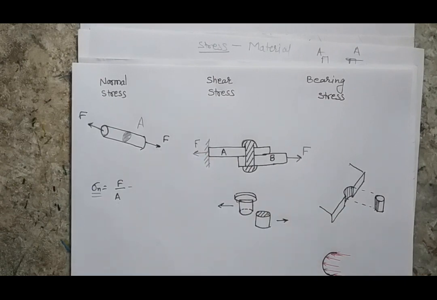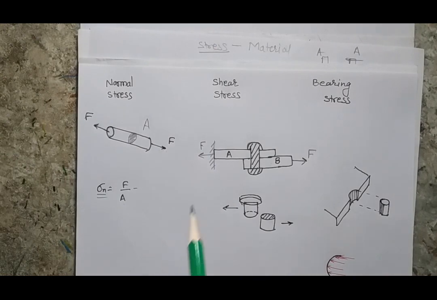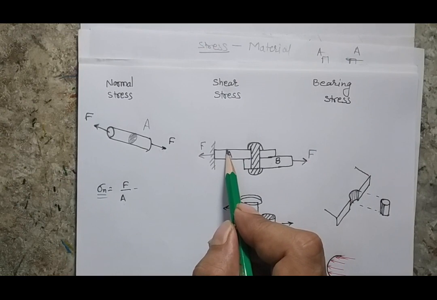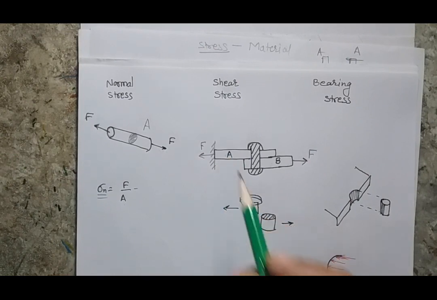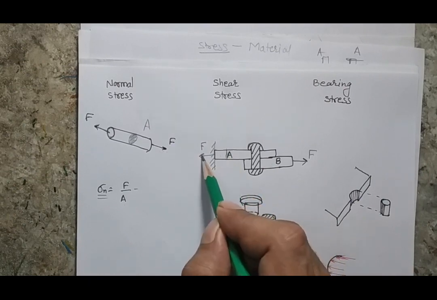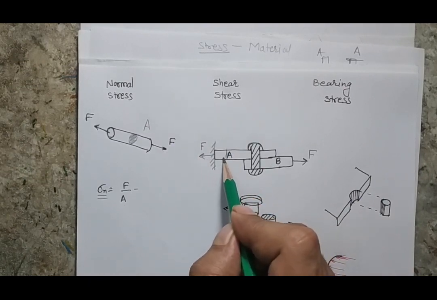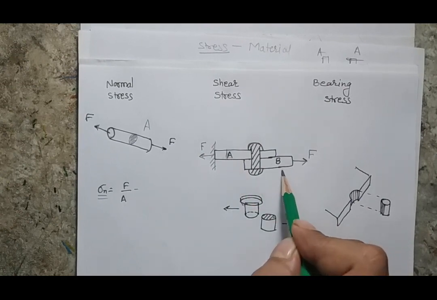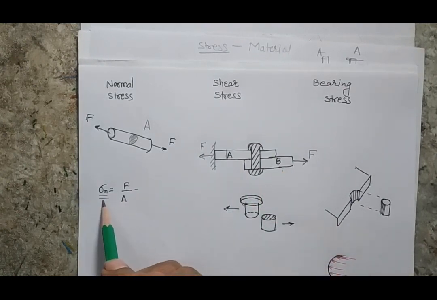Now you see there are two conditions that may arise. One condition is that if I look at plate A, all the cross sections which are giving resistance to the external force are perpendicular to the force. That means whatever stress is generated in plate A or in plate B is normal stress.